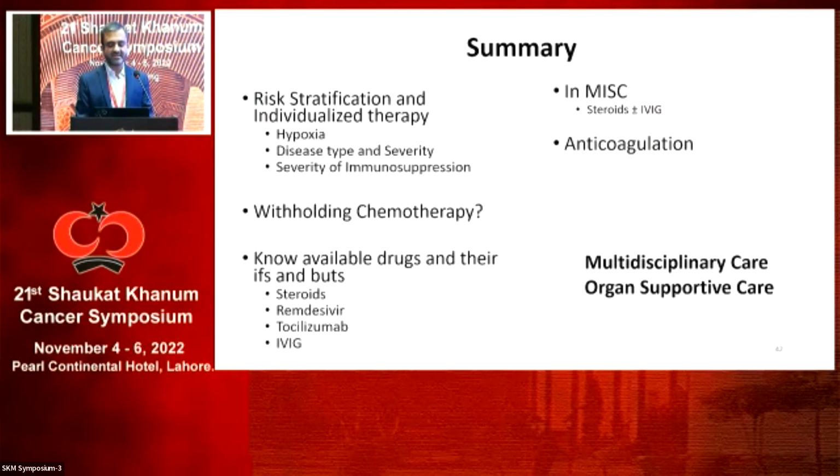In MISC, I would suggest start with steroids. If you have IVIG, then go ahead and give steroid and IVIG both. Consider anticoagulation based on the risk factors, and use the principle of multidisciplinary care as well as organ supportive care in these patients. Thank you so much.